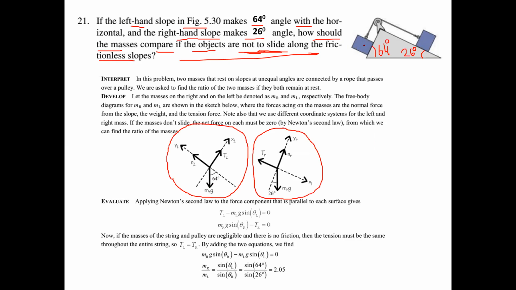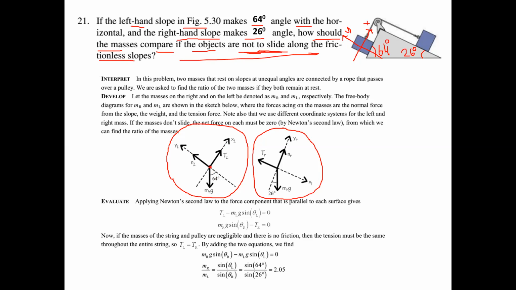You can draw a coordinate system along this rope, and this will be the x direction, and the normal to the surface will be your y direction. You can easily see the x direction, the dotted line shows the x axis, and the dotted line here shows the y direction. The point here is your mass.